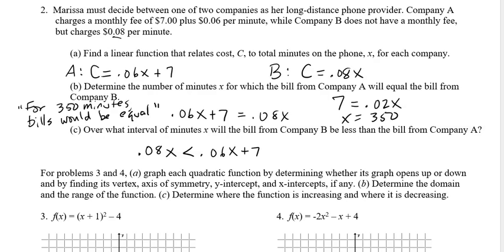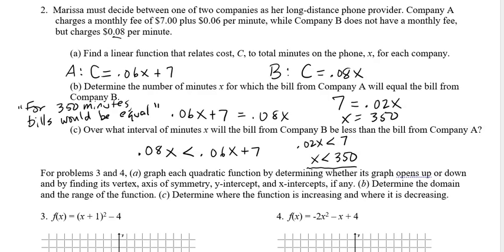So it's going to be the same type of deal. We're going to end up with, of course, 0.02x is less than 7. And then dividing by 0.02, x will be less than 350. And since minutes cannot be negative, we need to write this as an interval, because if we just left it like this, then we're including numbers like -25, -300, and x represents a number of minutes.